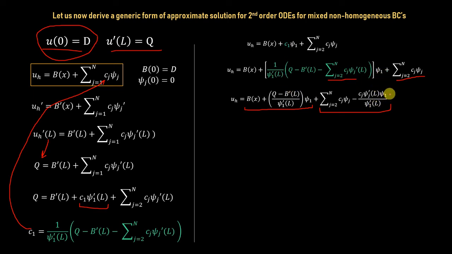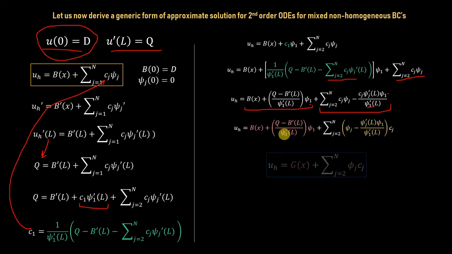Note that this psi1 is a function of x, and these psi1 dash L values are the values of the original basis function that we used to satisfy the Dirichlet boundary condition at L. So these are scalars, this is a function, this is a function, and this is a scalar value. Now let us write this into this form.